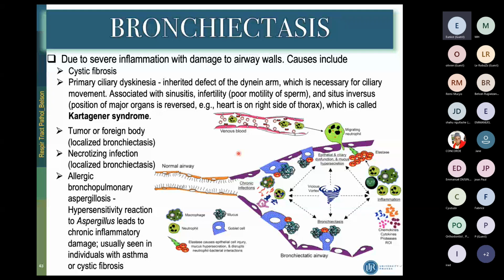And here, this diagram explains what happens to have that. A normal airway here. Then with chronic inflammation, you see that there will be many goblet cells here. They will be increased, and you know they are the ones producing mucin, mucus. So here you see that mucus is too much increased. The mucus itself is what we saw can cause entrapment of the air. So we have many macrophages. It is normal that we have alveolar macrophages, but here they have increased. We have elastase, this enzyme which causes epithelial cell injury.